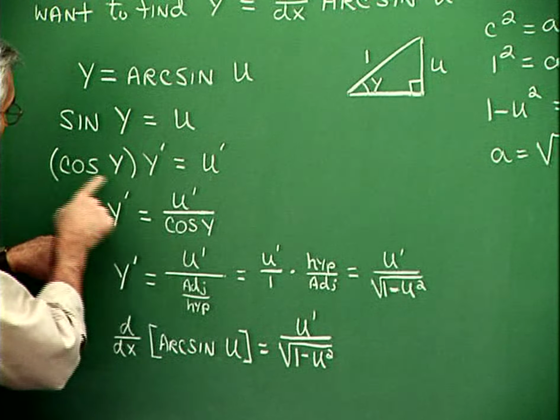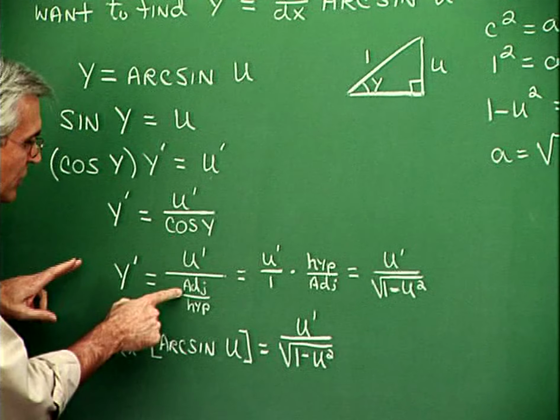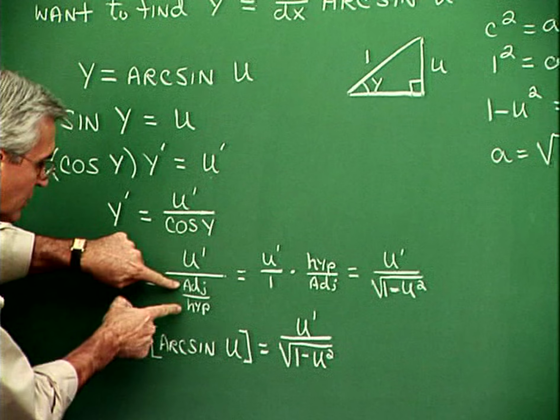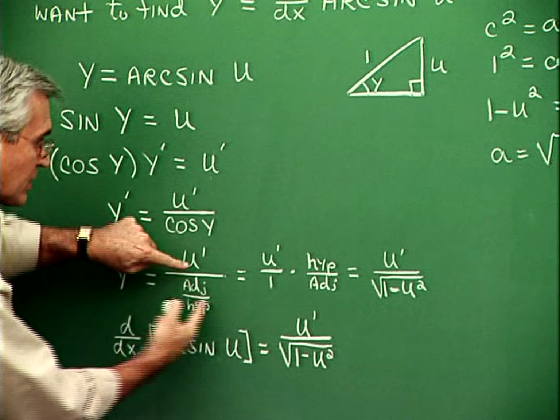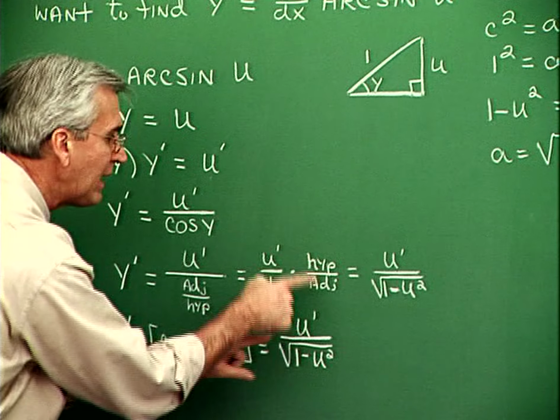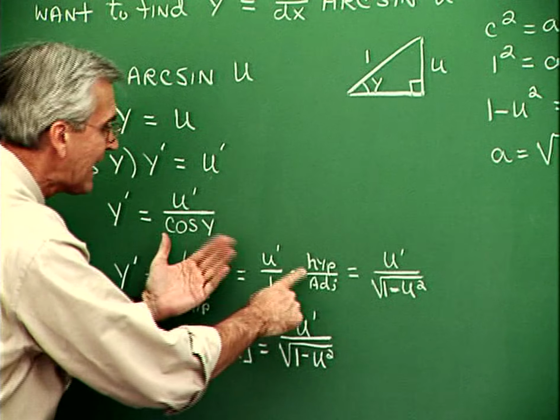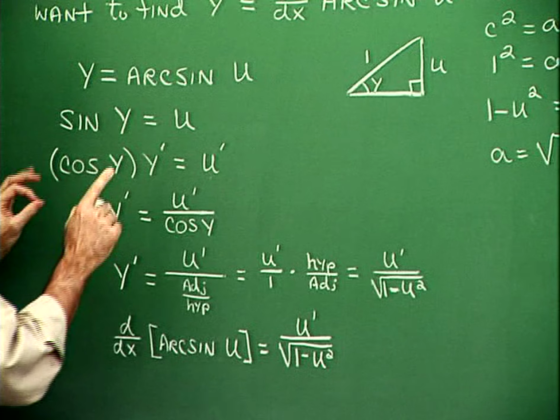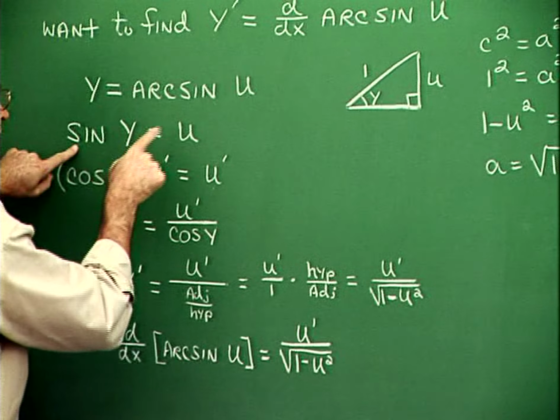But we understand that cosine y, in terms of this angle idea and right triangle development, is adjacent over hypotenuse. And so y prime over this fraction means y prime times its reciprocal. Now, what is hypotenuse over adjacent in terms of what we're talking about here? Well, let's go back and think about sine y equals u.